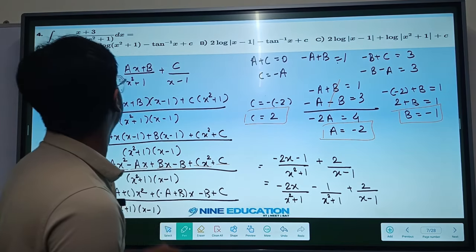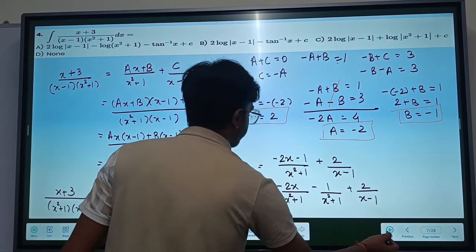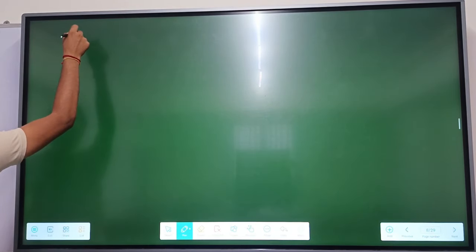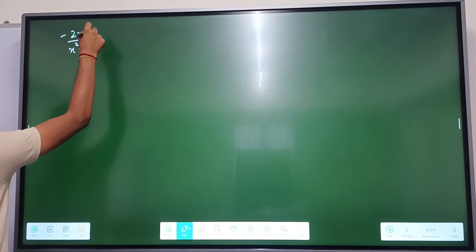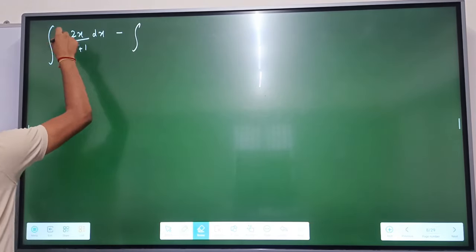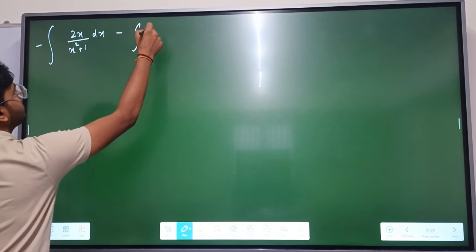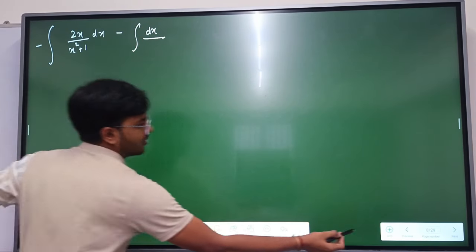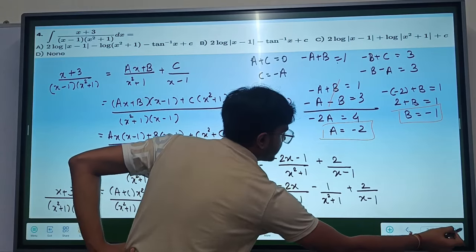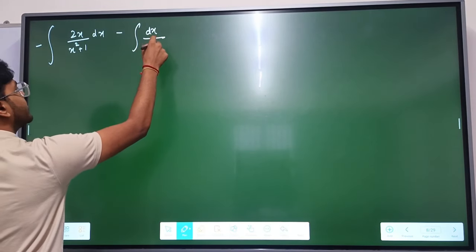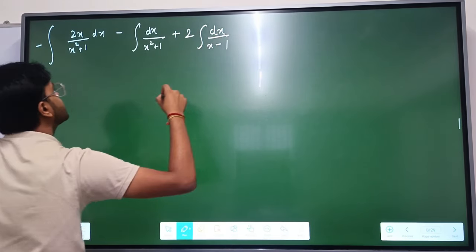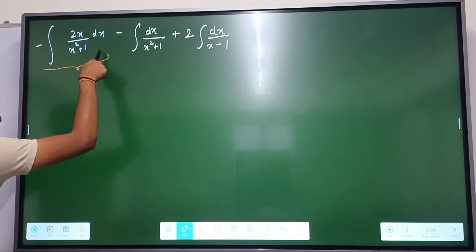So what do I have to do now? Integration. Integral of -2x by (x² + 1) dx, minus, let's take the minus outside, integral of dx by (x² + 1), that is minus dx by (x² + 1), plus 2, the constant comes outside, integral of dx by (x - 1). For the first integration, what will we do?